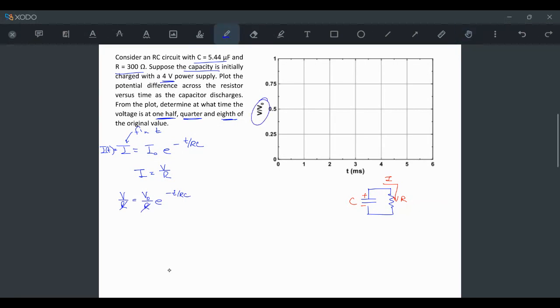And notice that we want to construct our plot with the ratio of the voltage at a particular time divided by whatever it initially was. So we can immediately formulate our answer to comply with that, and we have e to the minus t over RC.